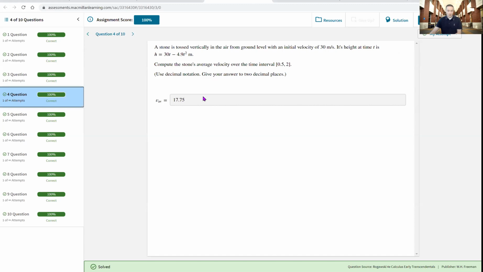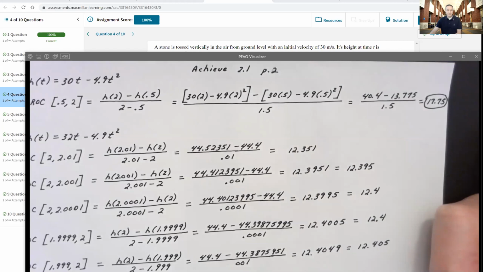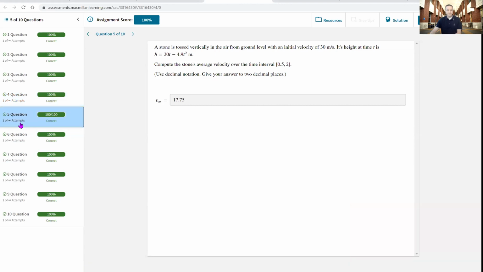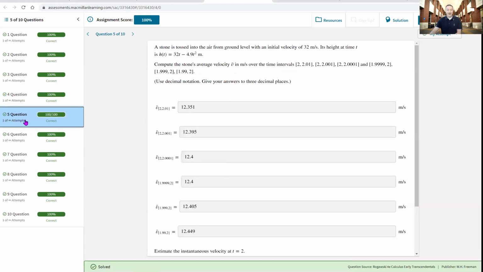In fact, they do not want units in there. So give it to 2 decimal places, and it was already an exact answer to 2 decimal places anyway, 17.75. Gorgeous problem.